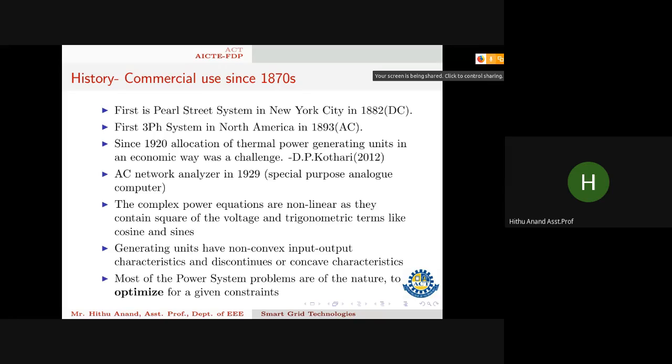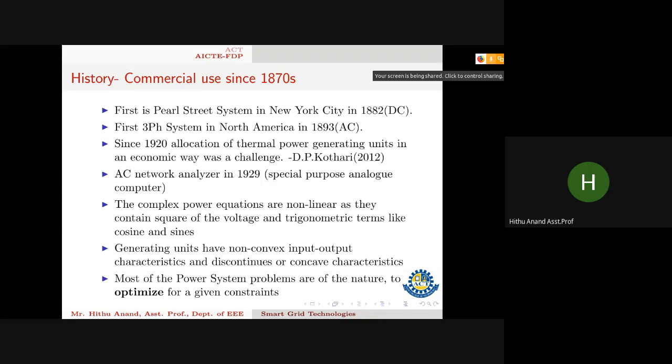The generation units are to be operated in an efficient manner, but how to solve that problem? There are many generators connected, and we have the famous economic dispatch problem and unit commitment problem. These are all studies on the power system, but there was a lot of complexity involved.